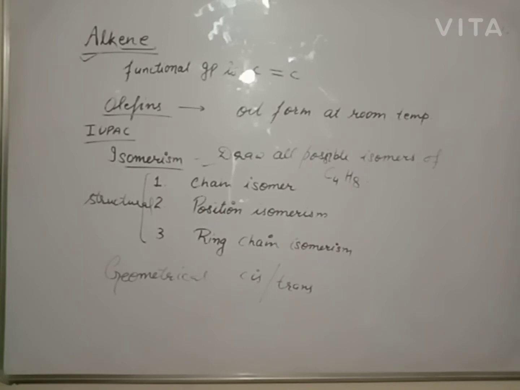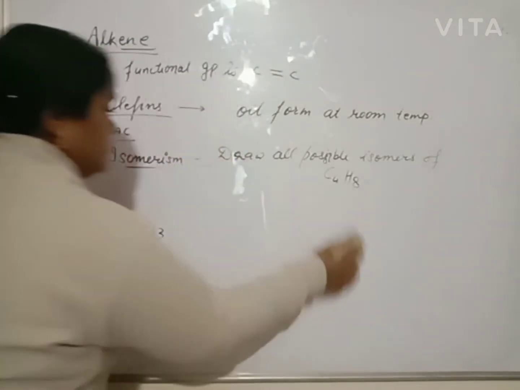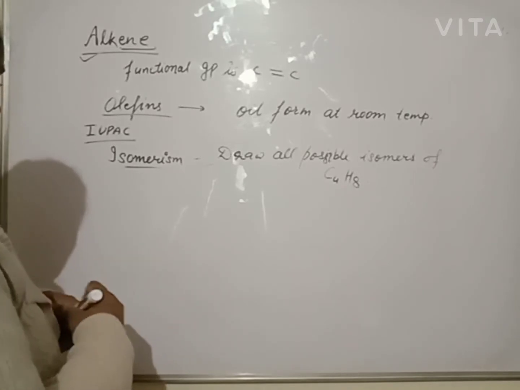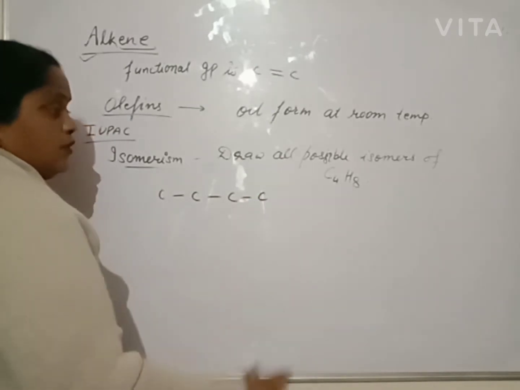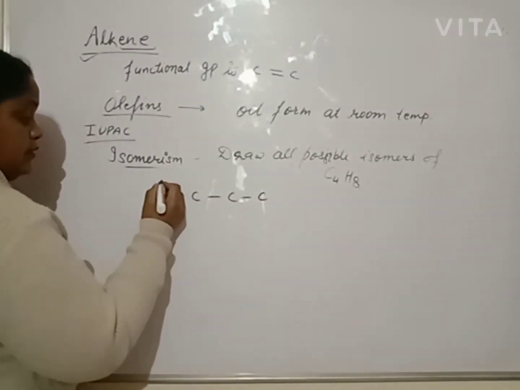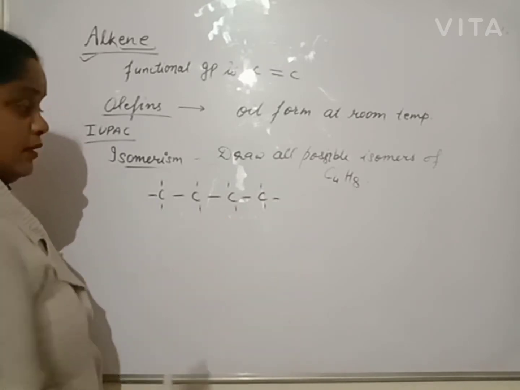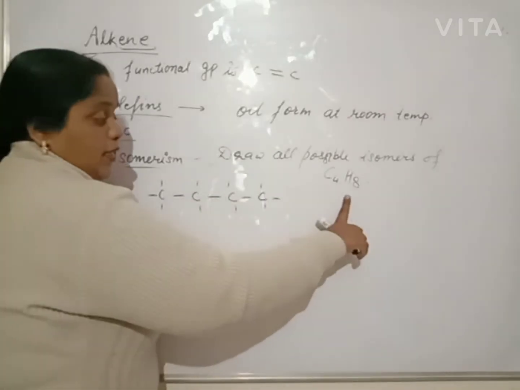It consists of 4 carbon. Let us start to draw the structures. First, we have 4 carbon, 1, 2, 3, 4. We have 8 hydrogen. Positions remain for 10 hydrogen, but we have 8 hydrogen.